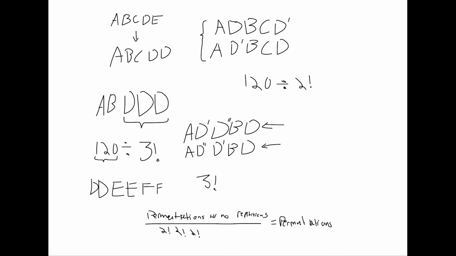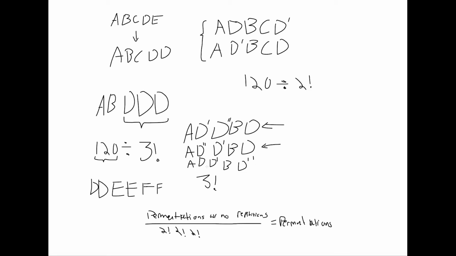So what did that do? Well, dividing by 3 factorial would get rid of all of these redundant recombinations of the D's. So there are going to be lots of these recombinations of the D's. Maybe you get A, D, no prime, and then D prime, and then B, and then D prime prime.